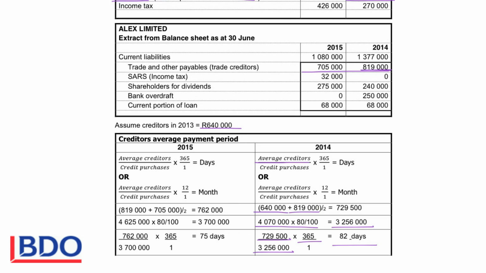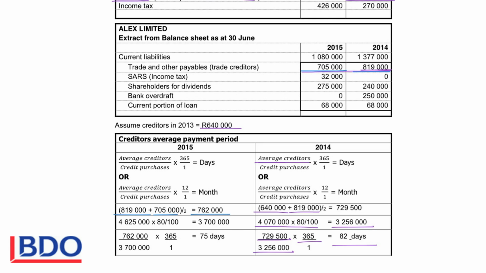Then we will do a similar calculation for 2015. Our creditors in 2015 are 705,000 plus the creditors at the end of the previous year, 819, divided by 2, which gives us an average creditors of 662,000.